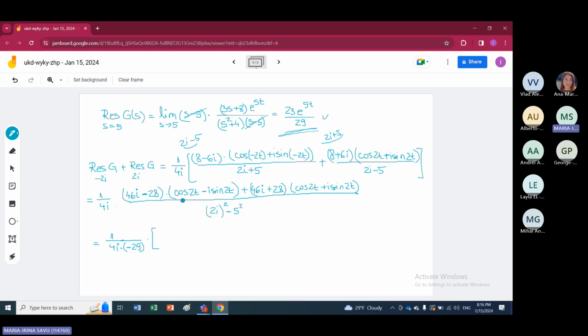We must make the multiplication, and we have 46i times cosine of 2t. i squared with this one is a plus, we have plus 46 sine of 2t. And then we get minus 28 cosine of 2t. And plus i times 28 sine of 2t.